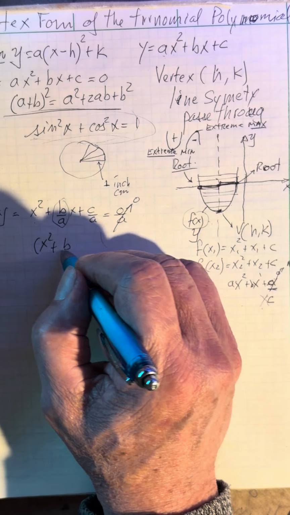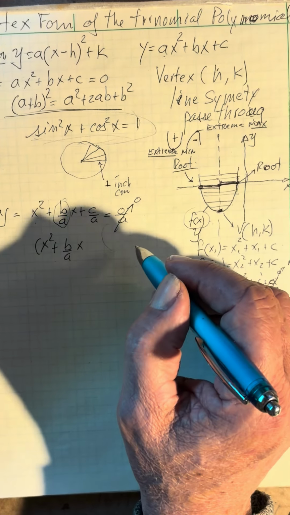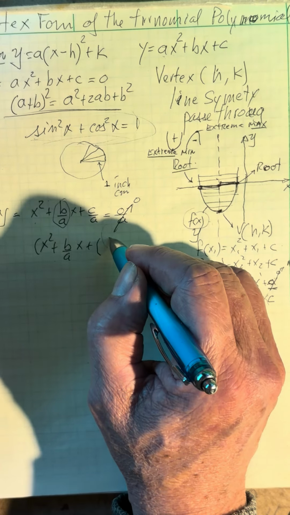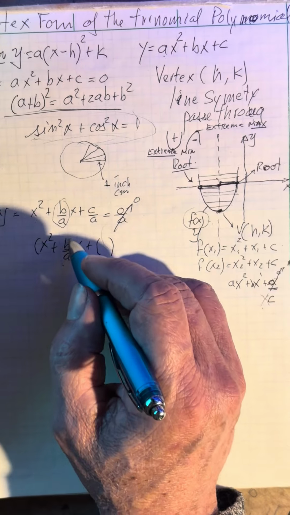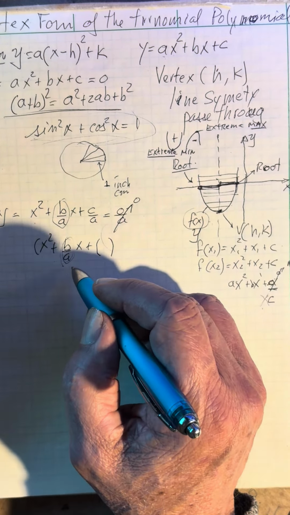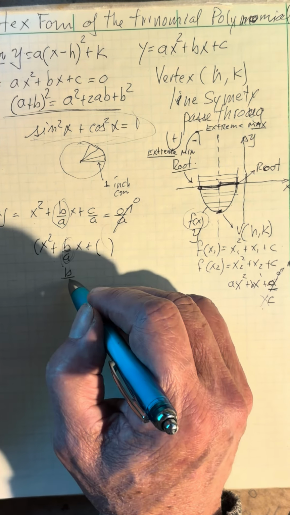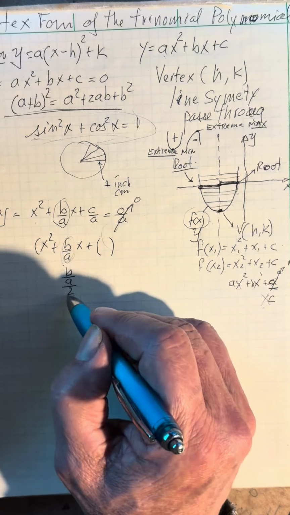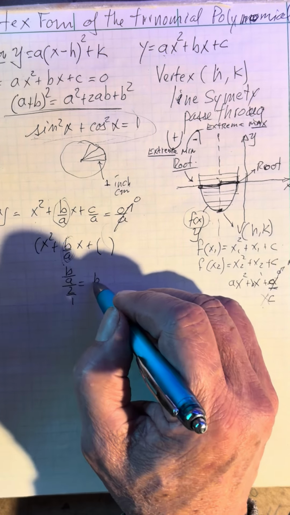And b over a, so we're going to leave a space there, and we're going to find half of the x coefficient, half of it. So half of that will be b over a divided by 2. We put a 1 here.